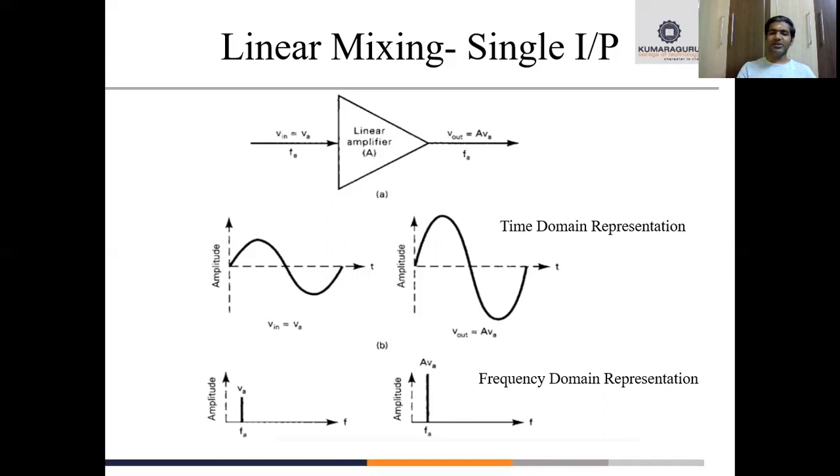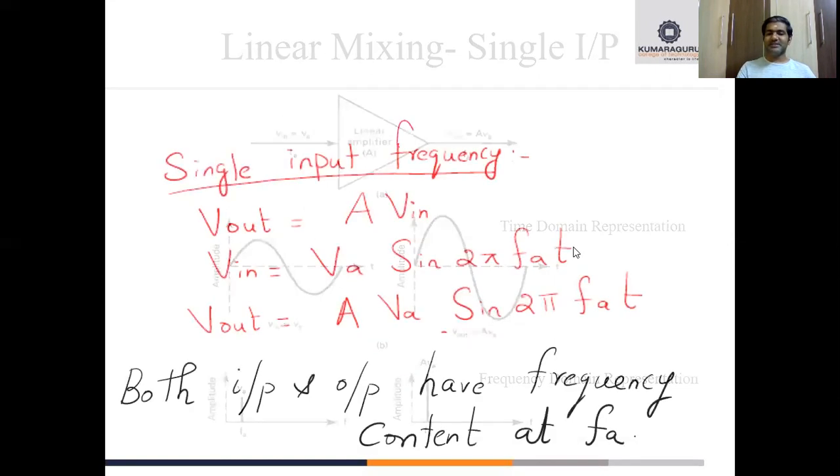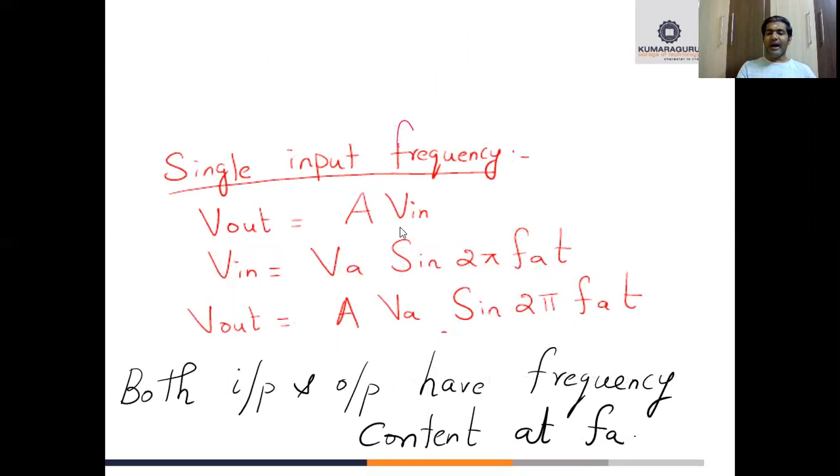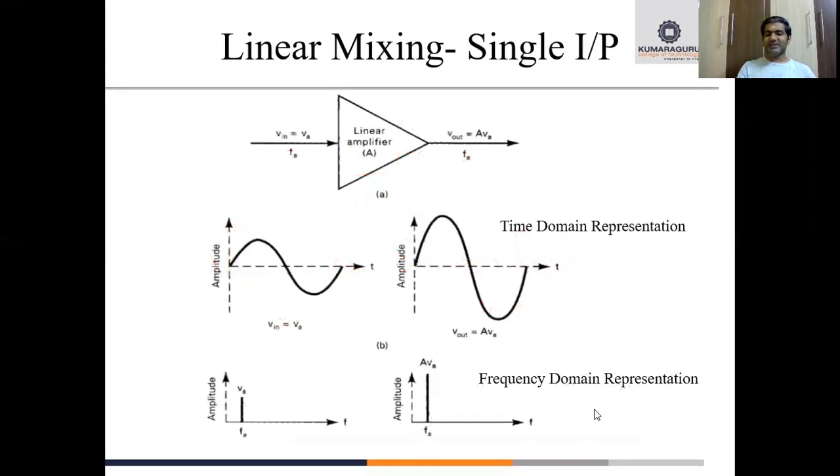And here you could see the time domain representation and frequency domain representation. So this is your time domain representation. We are going to analyze with the help of a sinusoidal input signal. We are going to give a sinusoidal input Vin to a linear amplifier and study the output.